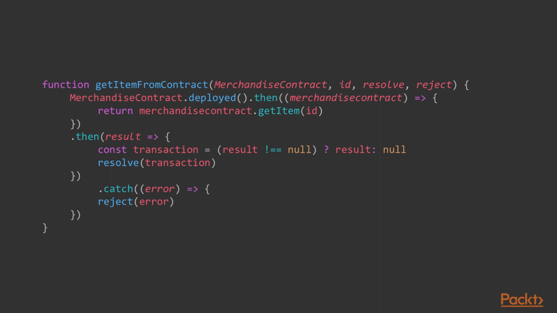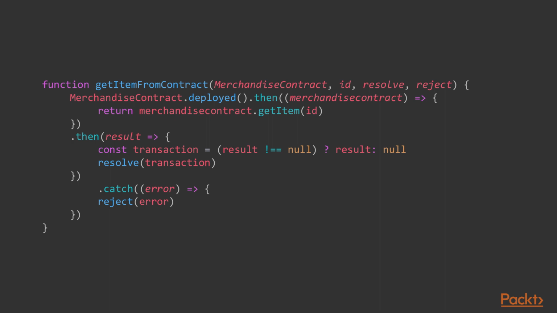So our merchandise contract had the setProvider method that we use to set the injected Web3 provider, and it has this deployed method that says, hey, how about you take that Web3 provider and go get the version of this contract that's deployed out on the Ethereum network. The deployed method is a promise as well, so we use .then to say when you're finished, execute this function.